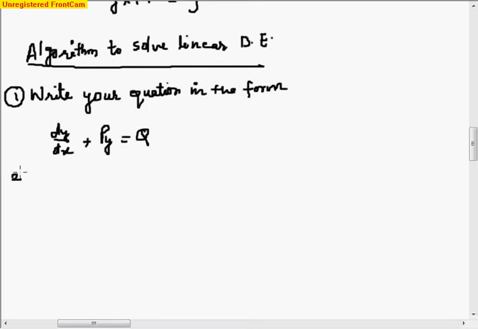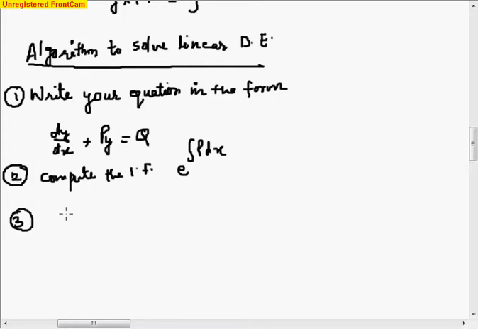The second step is you will compute the integrating factor, which is e raised to power integral p dx. The third is finally you will write down the solution.